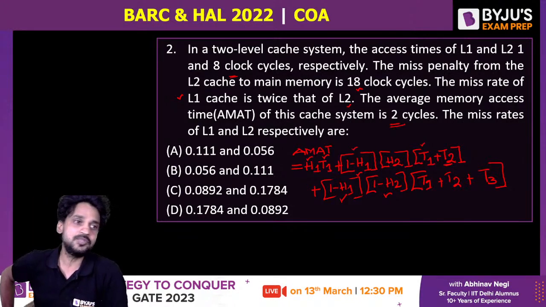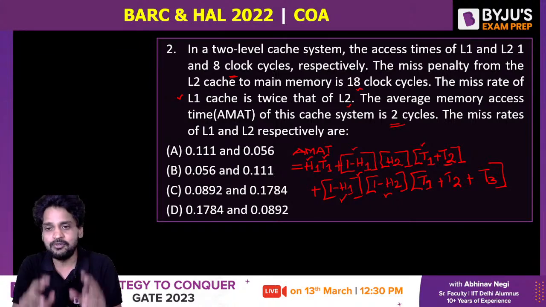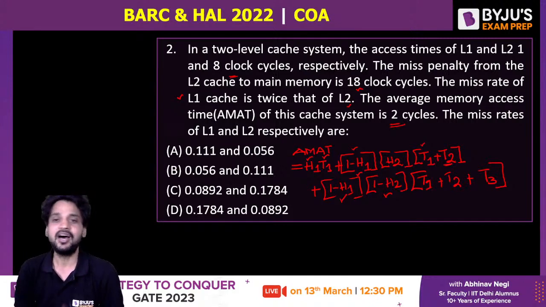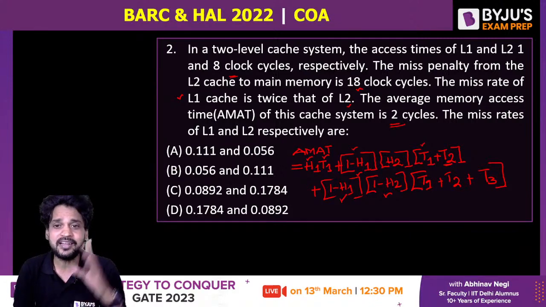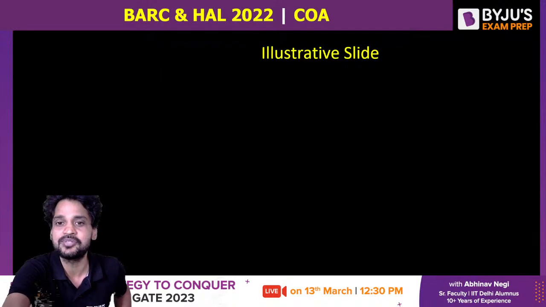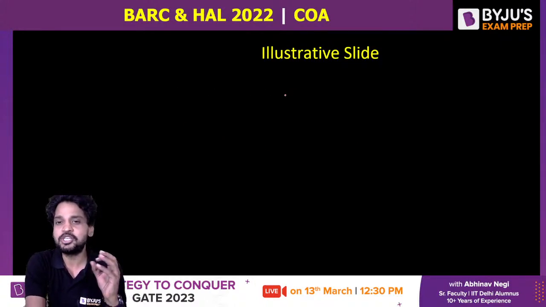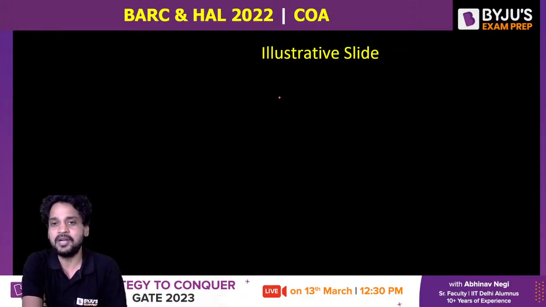But sometimes the designers of the question won't provide you with the hit ratio or hit rate. If the hit rate is not given, what must we do? For that, let me take you to the illustrative slide. Here I will give you one shortcut rule or shortcut formula when we are not provided with the hit rate.